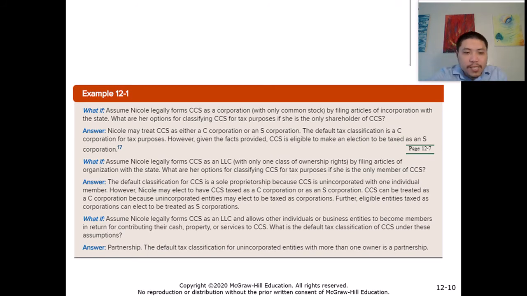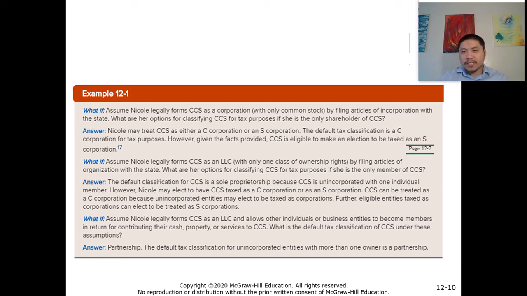What about this case? A student legally forms CCS as an LLC and allows other individuals or business entities to become members in return for contributing their cash, properties, or services to the company. What is the classification? In this case, it is a partnership, because now the business has multiple owners, multiple partners.